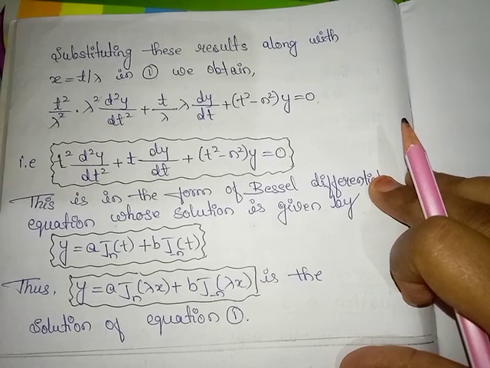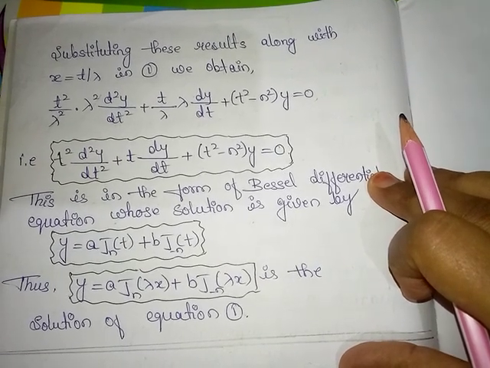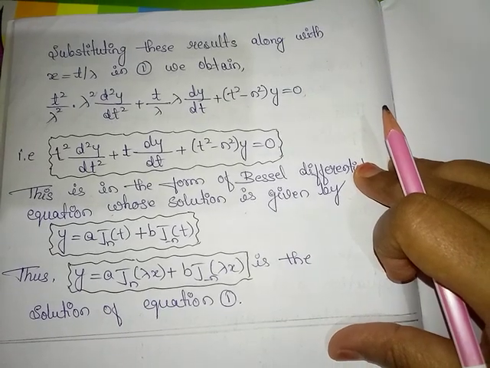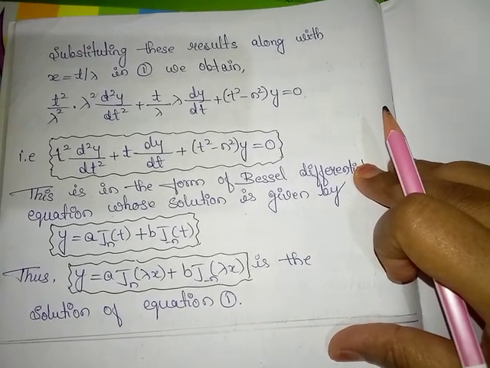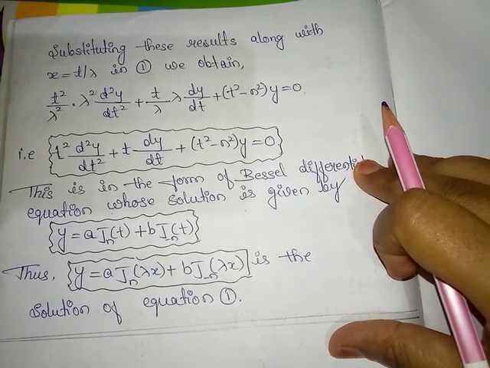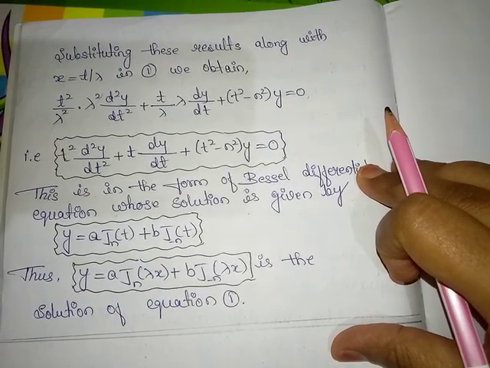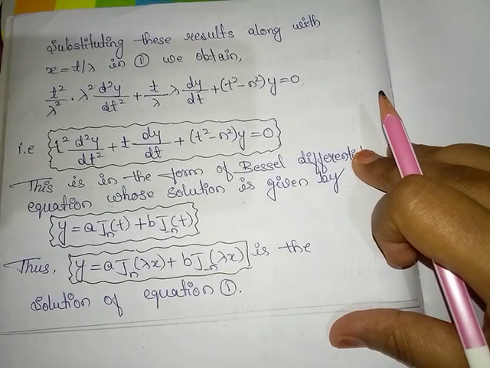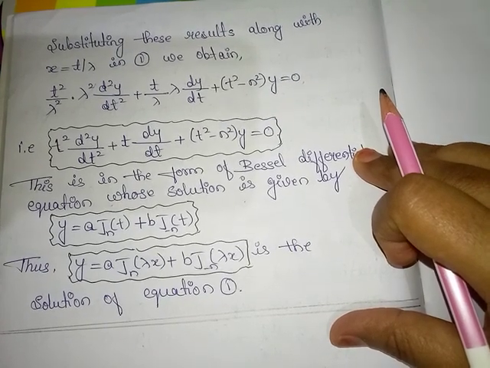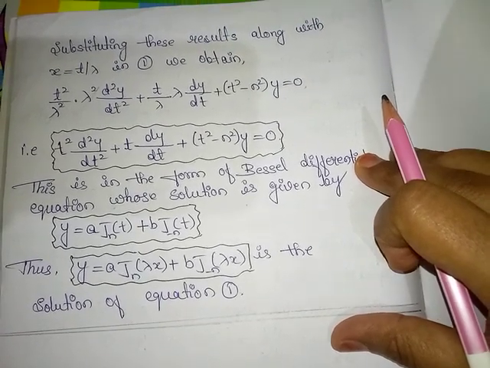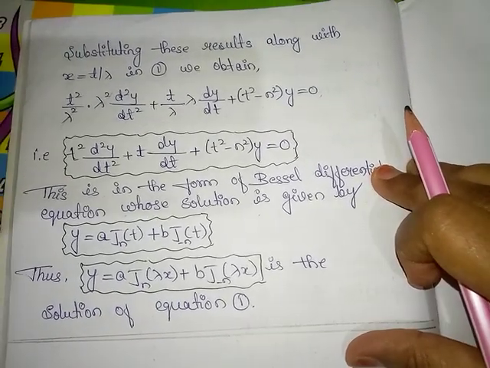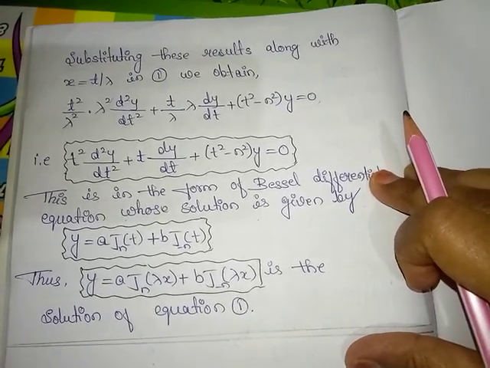To understand that derivation you must understand the previous concepts, that is the solutions of Bessel differential equations, the procedure of the Frobenius method, how to find the recurrence relation, what the expanded form of the equation is, and how to write the required solution.